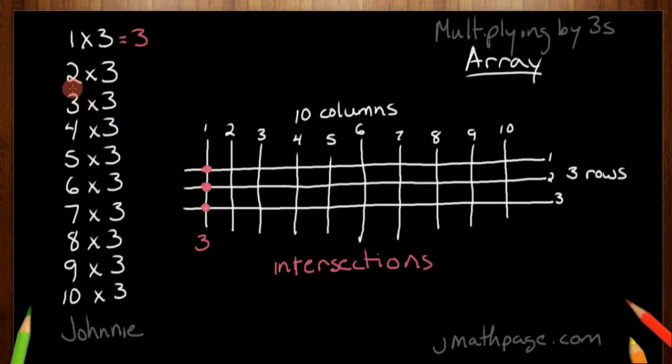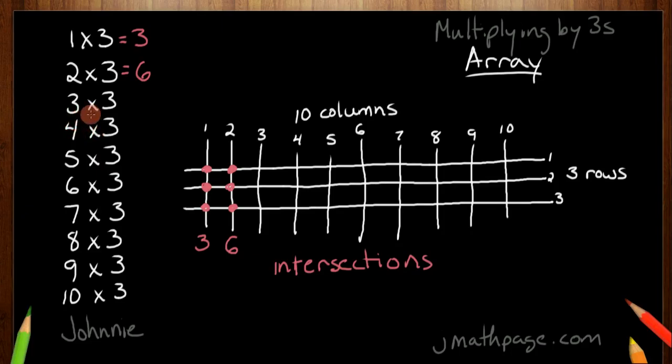What about 2 columns and 3 rows? Well, let's see. I go over to 2 columns, 3 rows, 1, 2, 3. I mark all the intersections. Now I had 3 intersections here, so now I have 4, 5, and 6. So now I have 6 altogether. So I can say 2 columns and 3 rows makes 6 intersections.